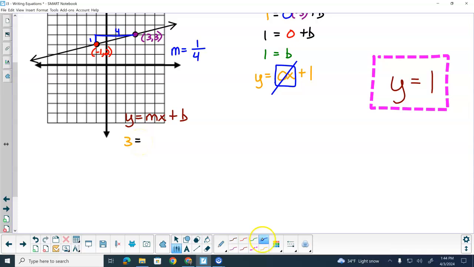Slope is 1/4. X part is 3. B, we don't know. So 1/4 times 3.